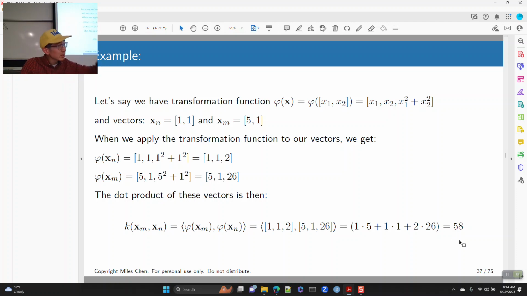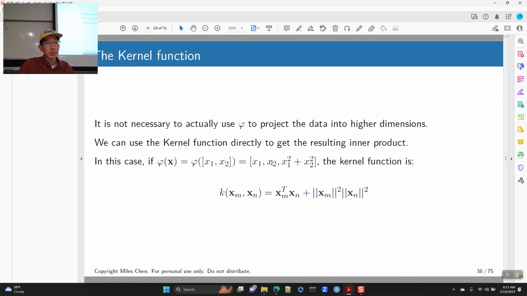So I could do this for all of the points, and I can get those values. I could also use the kernel function that is equivalent to using this transformation.